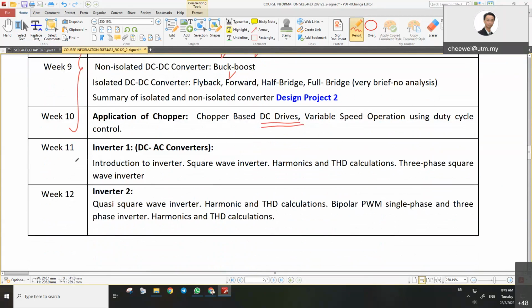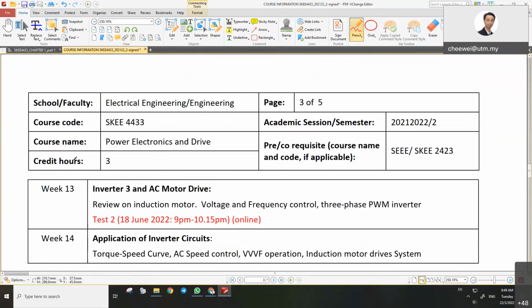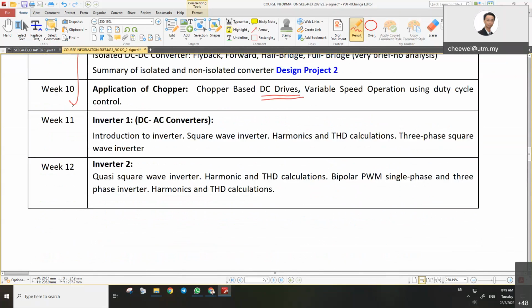Then finally, I guess, would be the inverter from week 11 to week 14. Inverter, we will cover the basic square wave inverter. When we talk about inverters, DC to AC converters, you will be dealing with harmonics. And then we need to calculate the THD, the total harmonic distortion.